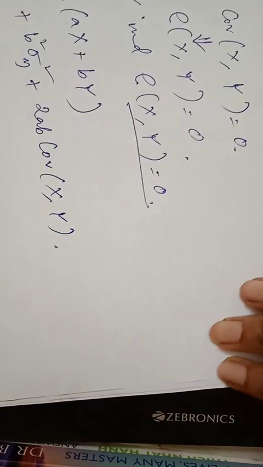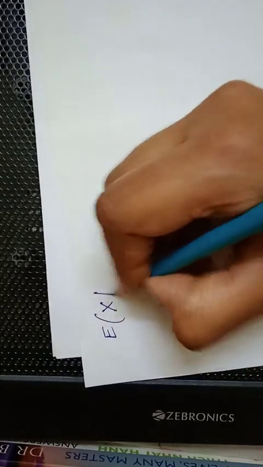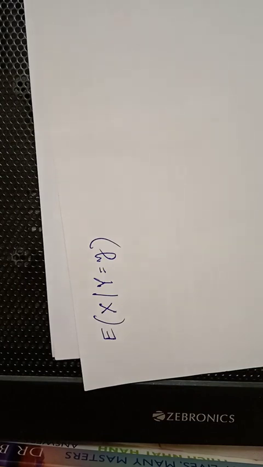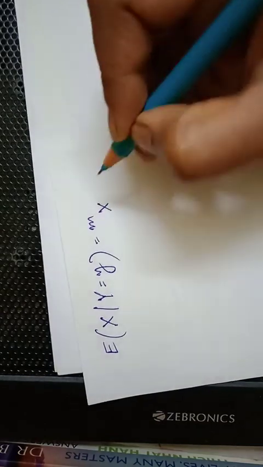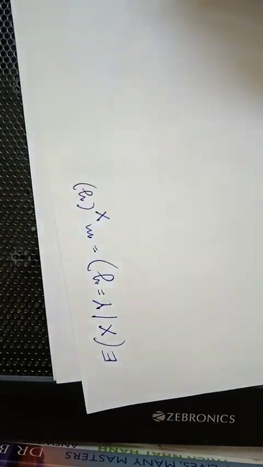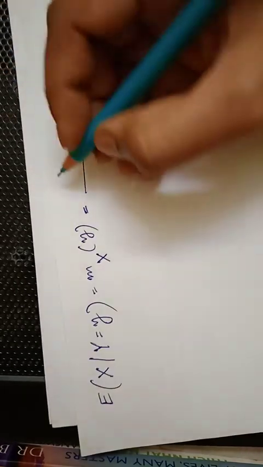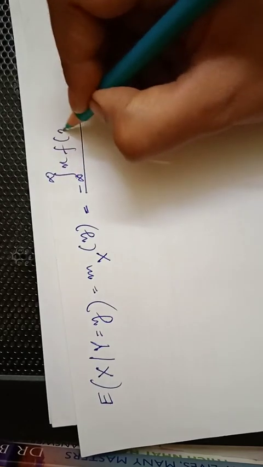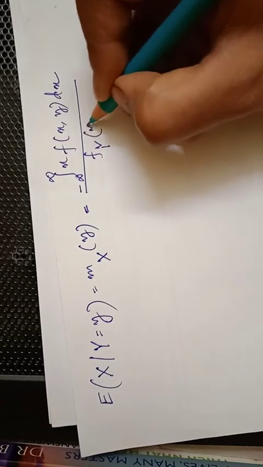So next, moving to find the expectation of x when y equals to y has already occurred. That will be denoted by m_x(y). This equals, try to compute it on your own, integration from minus infinity to infinity of x f of x comma y dx divided by f_Y(y).